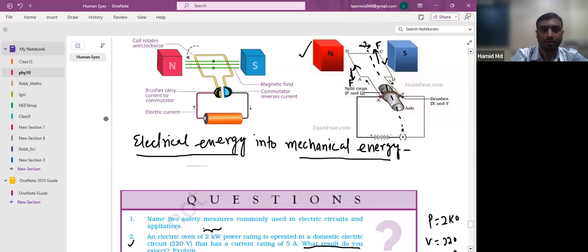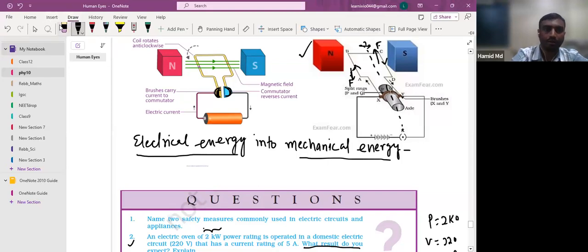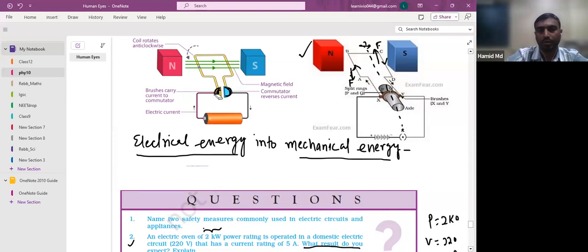So this is the diagram of it. If you want to make the diagram, take the screenshot. Should I remove all these writings so it will be neat and clean?